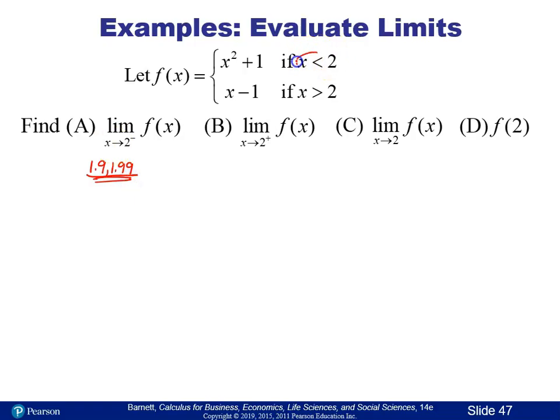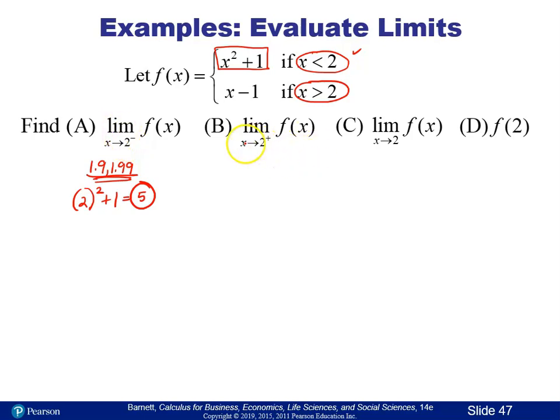Do they fit here or do they fit here? They're less than 2, so that means they fit here. So I'm going to plug into the first piece of this piecewise defined function. I'm going to have 2, because 2 is the number I'm approaching, so 2 squared plus 1 is going to give me 5 for my left limit.